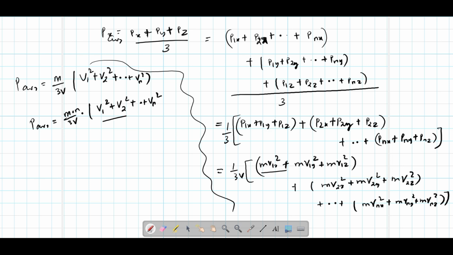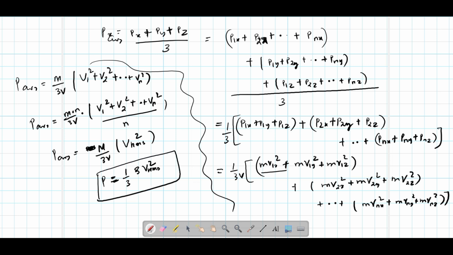P average equals small m into n, that is capital M, by 3V. This is V RMS square. P equals how much? P equals 1/3 rho V RMS square. That is the formula, that is the relationship.